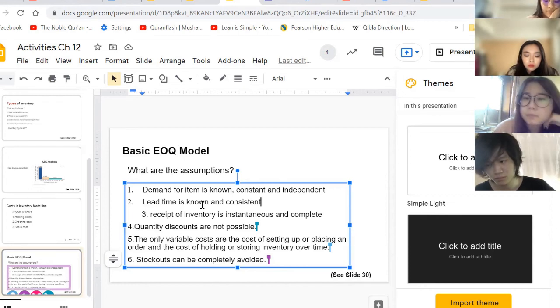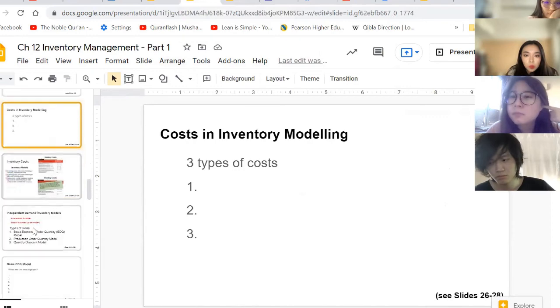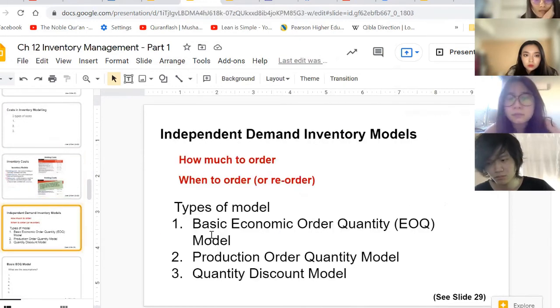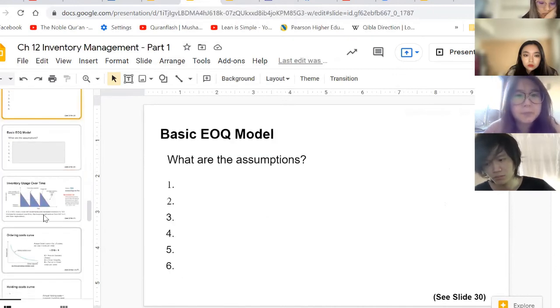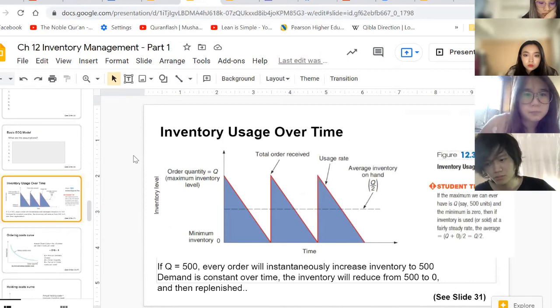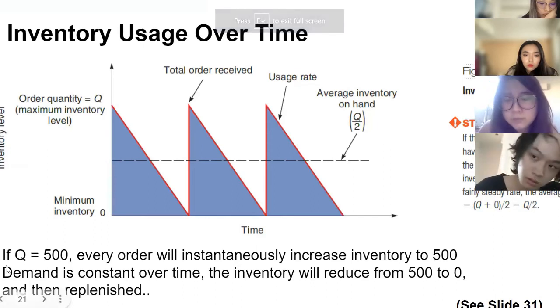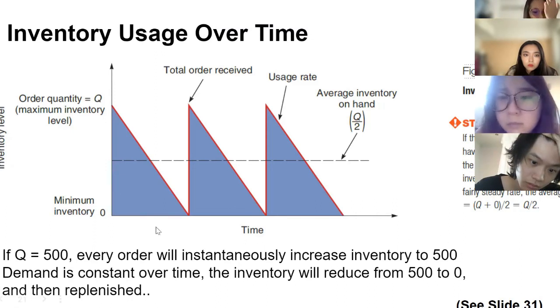All right, time is running very fast. I'm going to skip this. Already this is holding cost. So this is the model that we're talking about. If quantity is 500, every order will instantaneously increase inventory to 500.